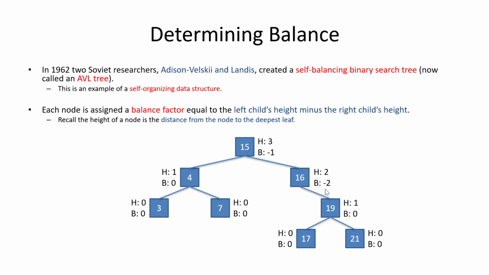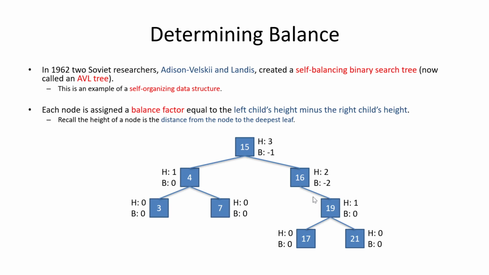But then the balance factor, and here's where we definitely need to be careful about that null node. The height of the null node, remember we were saying if the height of the leaf is 0, the height of the null node must be -1. So then we're going to get -1 minus the right node's height. So minus a 1 gives us -2. My balance factor is -2.